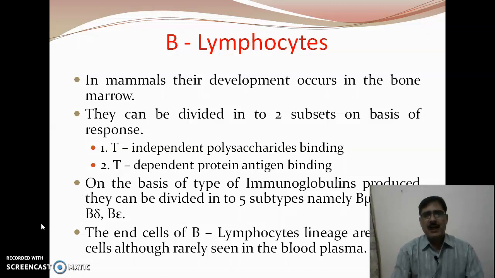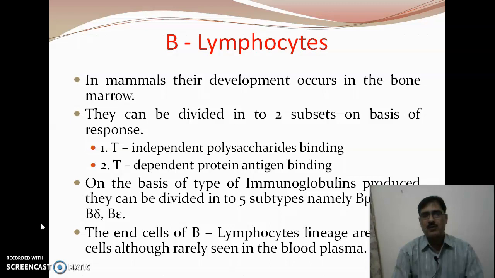They are named B lymphocytes because in mammals their development occurs in the bone marrow. In the case of birds, the development occurs in the bursa of Fabricius, and hence we call them B lymphocytes. They can be divided into two subsets on the basis of response.